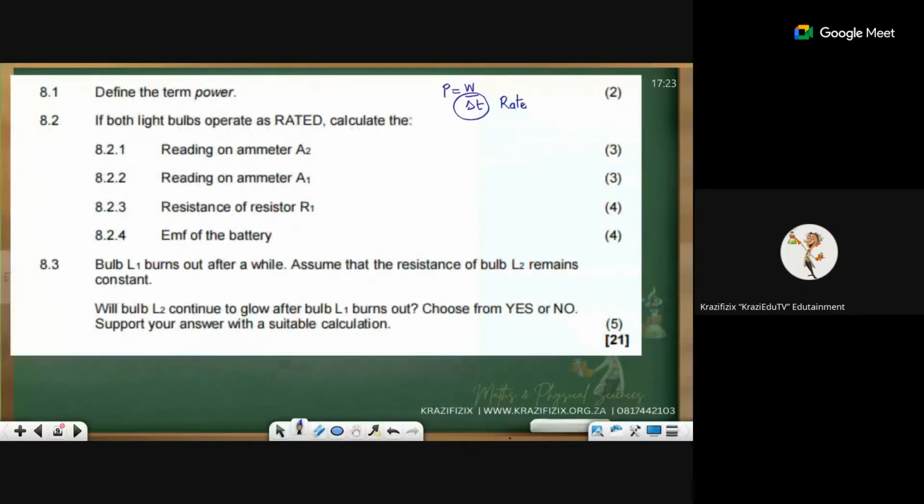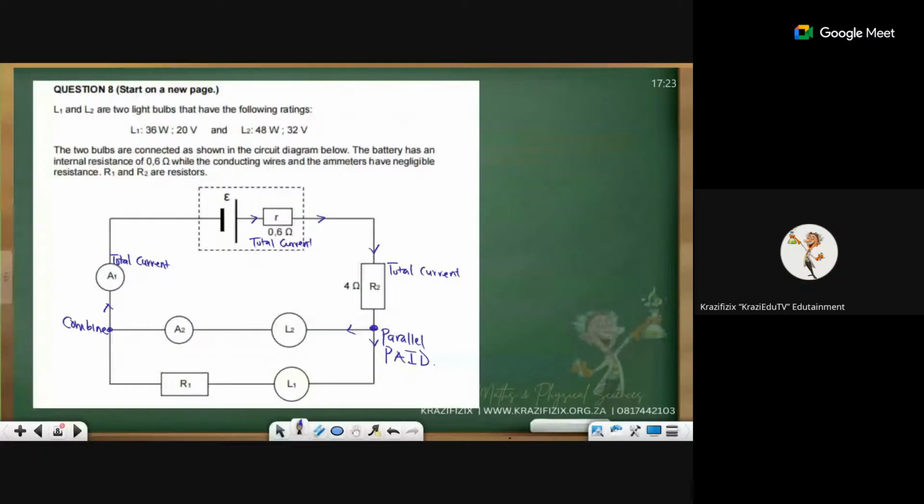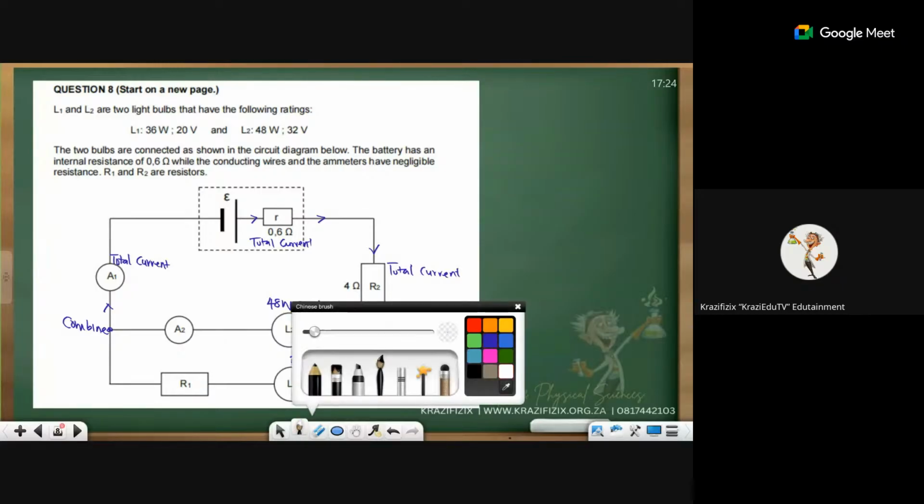They gave me the power, which makes it easy: 48 watt and 32 volt, 36 watt. And that gives me my answer already. I have power and I have voltage.